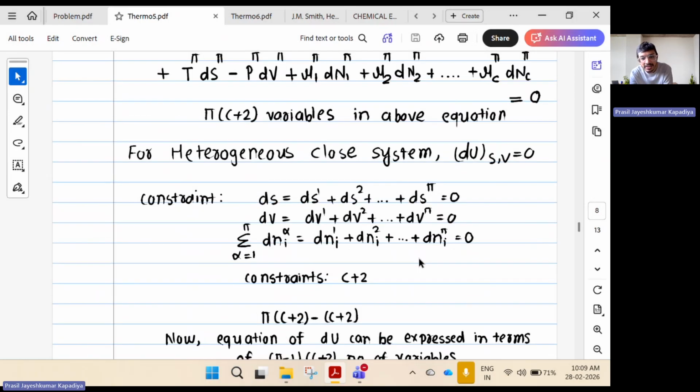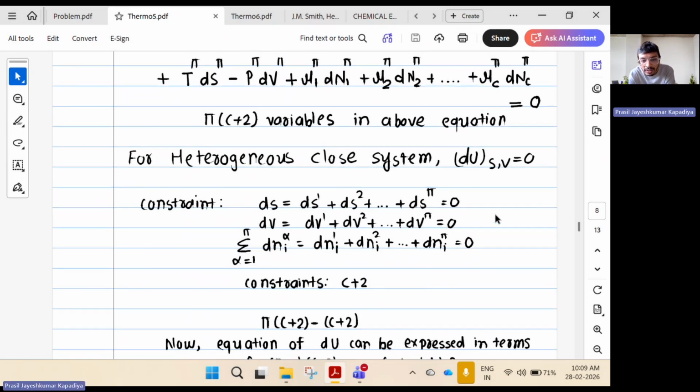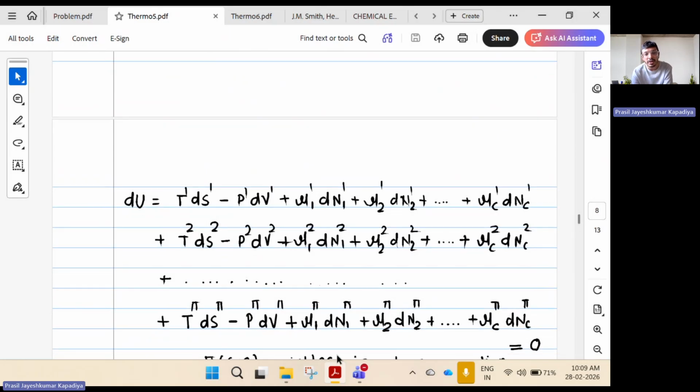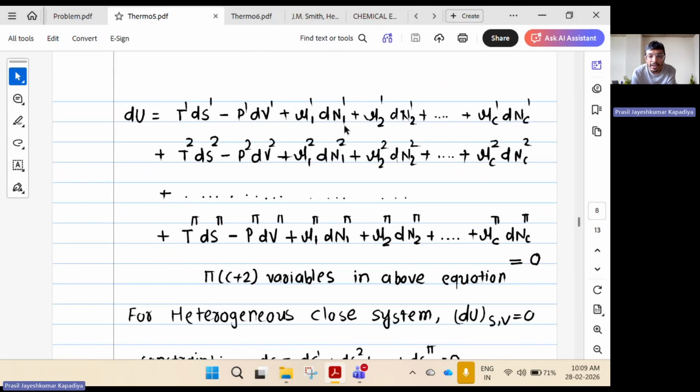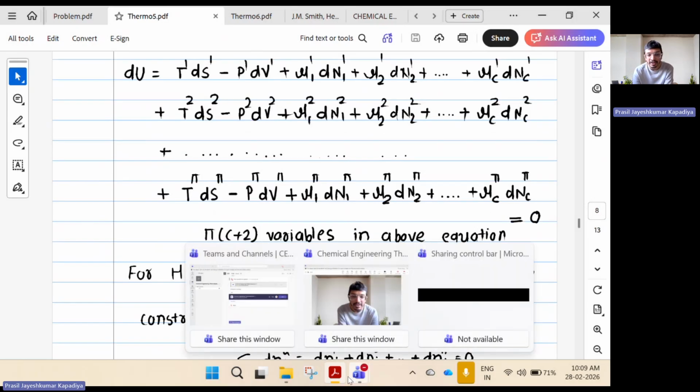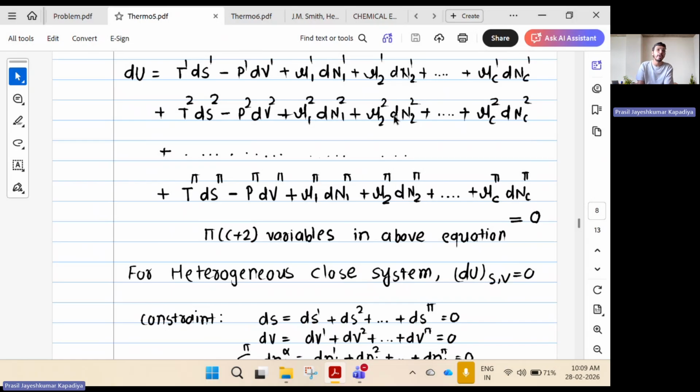So how many constraints do we have? For each component we have C equations, and additionally these two. How is this constraint written? dn_i in all phases should be equal to 0. So dn_i in phase 1 plus dn_i in phase 2 plus dn_i in phase pi should be equal to 0. This is similar to where we say that the summation of mole fractions should be equal to 1; similarly, the summation of the change should be equal to 0.